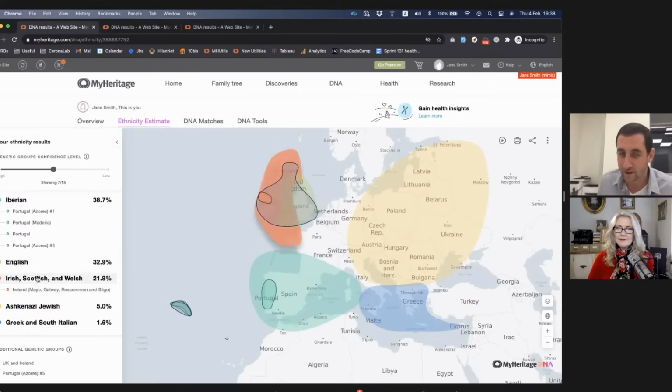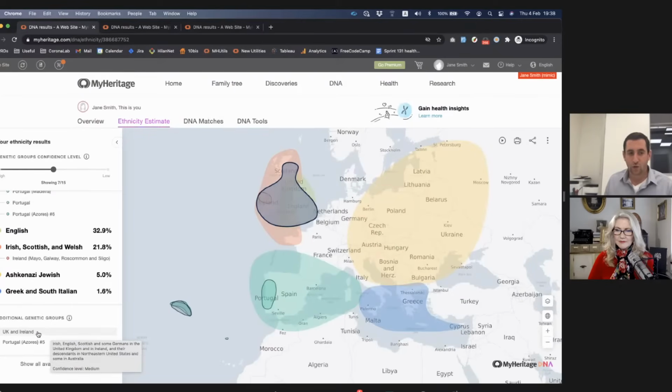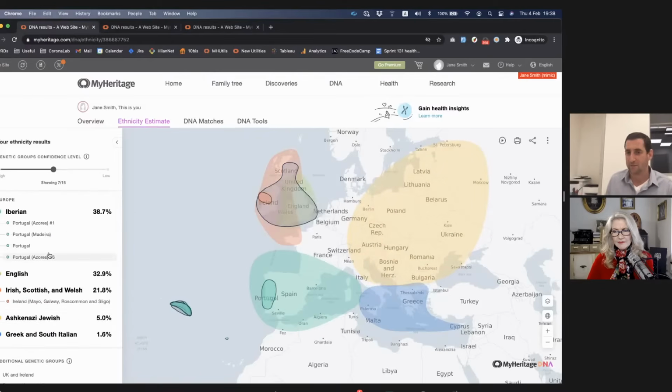It has more than that, or your results don't show that. And in such case, we have additional genetic groups. That's a section right here at the bottom. So don't forget to check that. And we can see that we also gave Jane UK and Ireland and another group in Azores that's probably either mixed with different ethnicities or just doesn't match Jane's personal results.